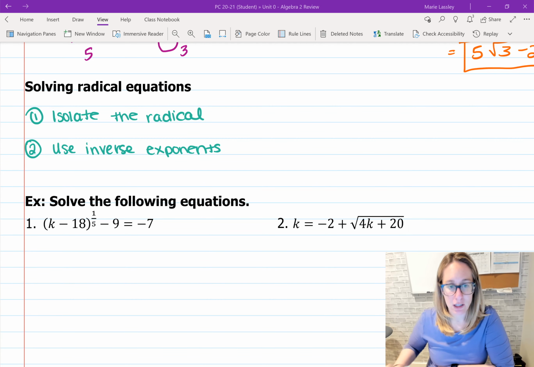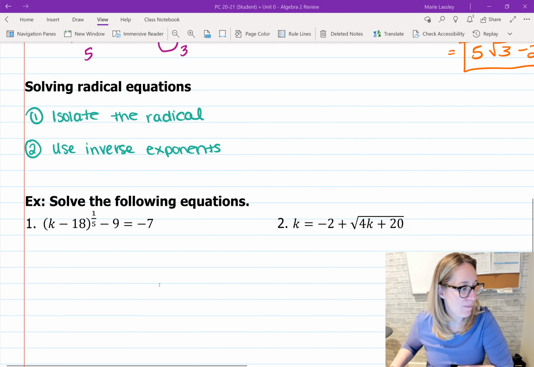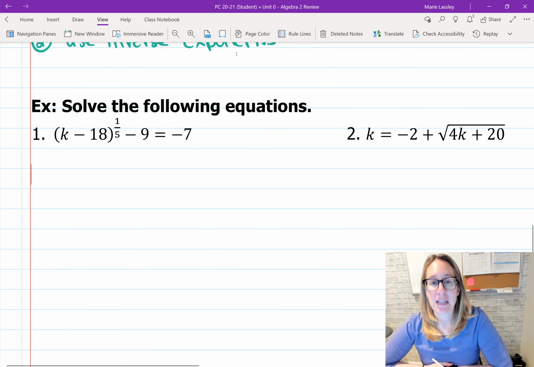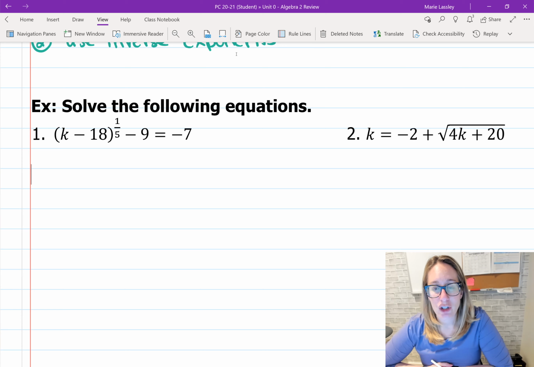We have (k − 18) to the power of 1/5. I'm going to zoom in a little bit. There we go. First thing we want to do, just like I said in our steps above, is to isolate the radical. In this one, we have a fraction exponent, so we don't actually have the radical symbol, but hopefully you remember from the last video that if you have a fraction as your exponent, that means you do have a radical in your problem.